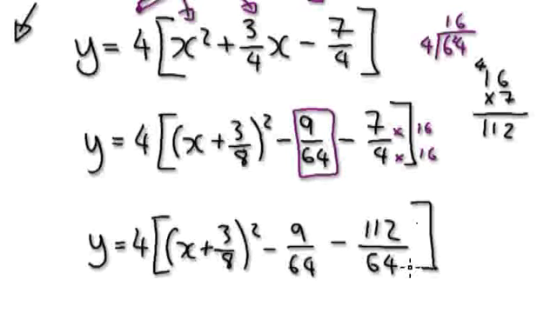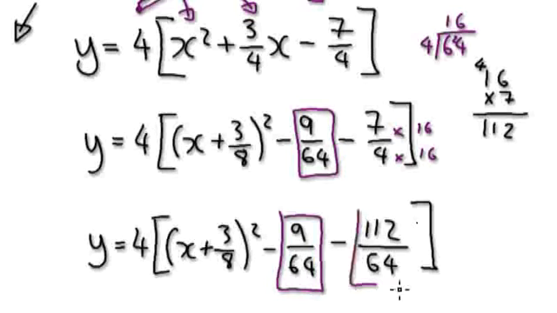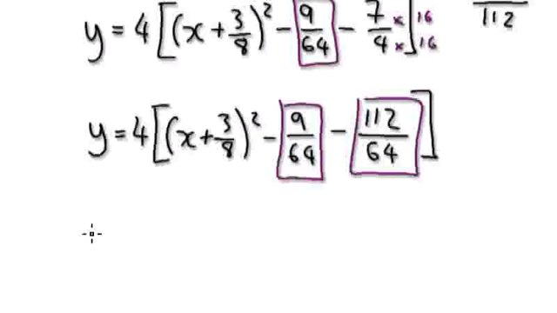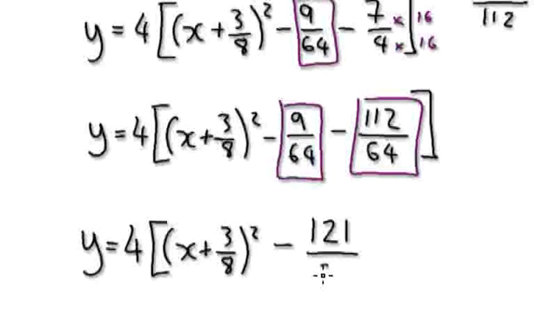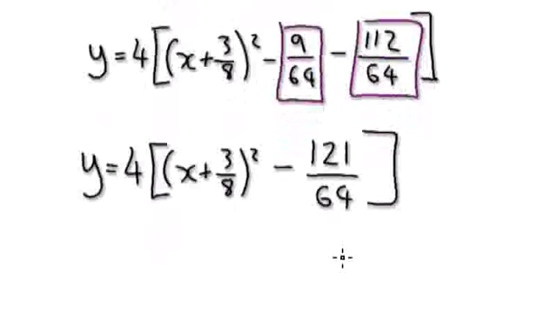Now the two denominators are the same, we can start to merge them. So this will be y equals 4 bracket x plus 3 over 8 squared, minus 9 minus 112, that would be minus 121 over 64. Have a quick glance to see if you can simplify this. I'm going to guess that you can't, so I'm going to leave it as it is.